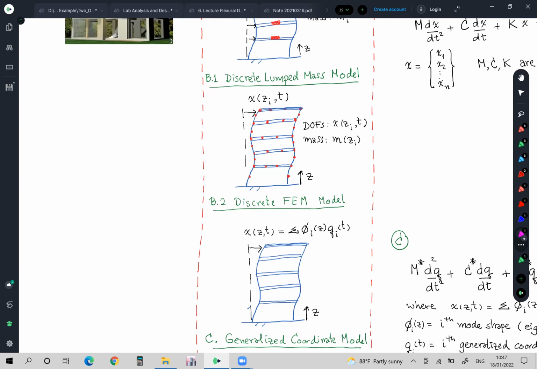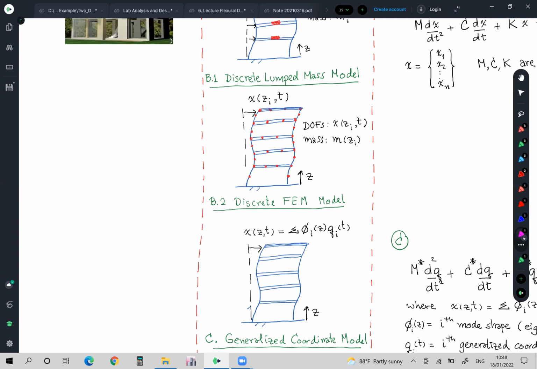In this figure, you can see the red dots. Each red dot is represented by node information, and each node carries your degrees of freedom. So you have many X, and this X is digitized into many numbers in your building model.